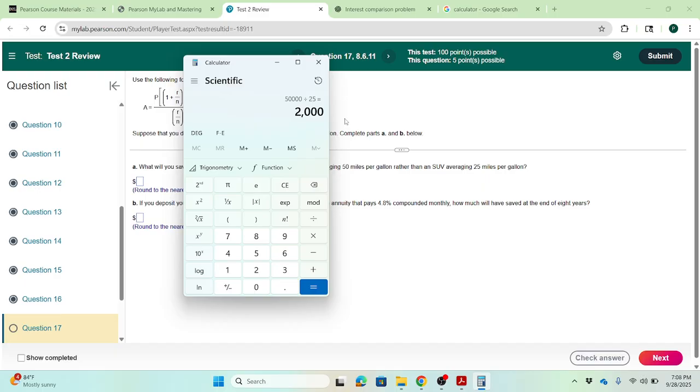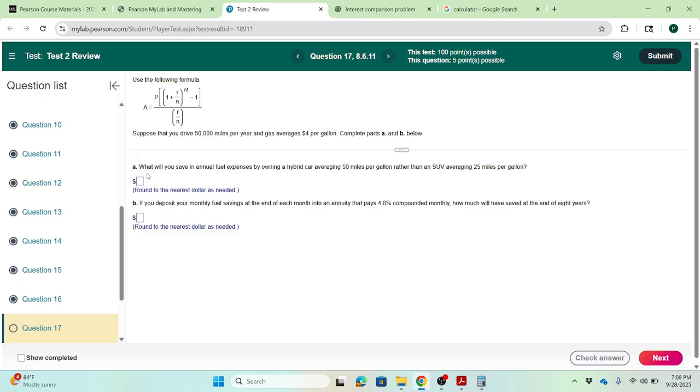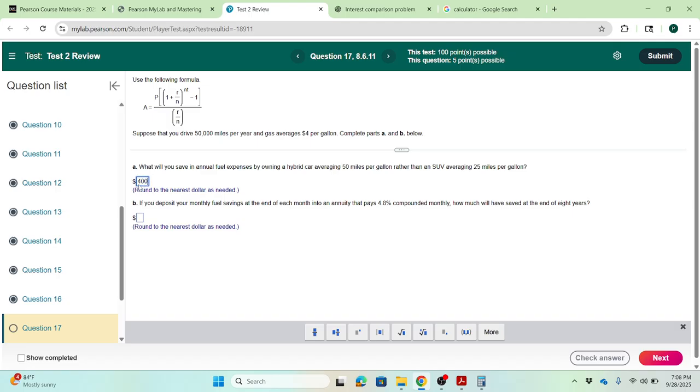So the total difference is 1,000 gallons. Per gallon is $4, so for the 1,000 gallons, it will cost 4,000 bucks more. What will you save in annual fuel expense? 4,000 bucks.